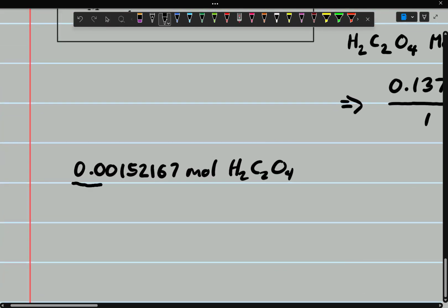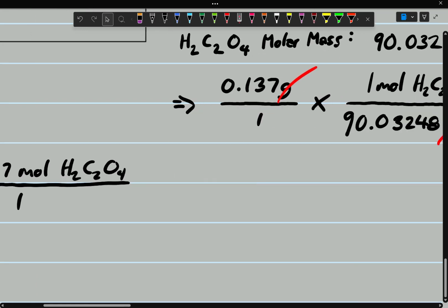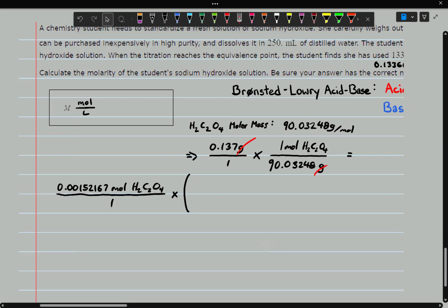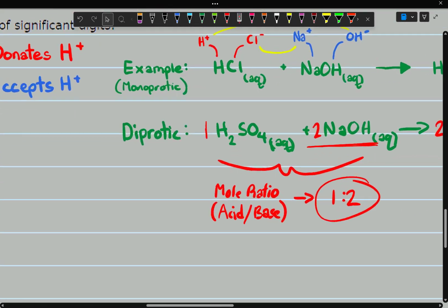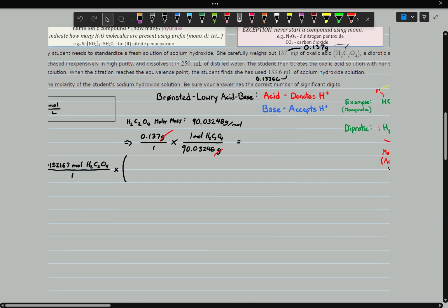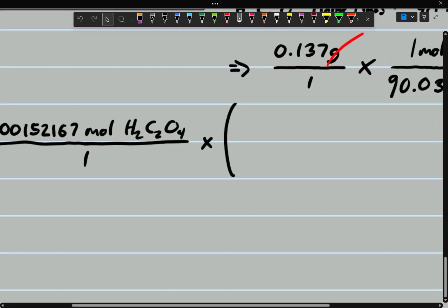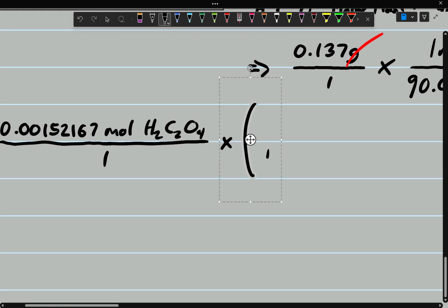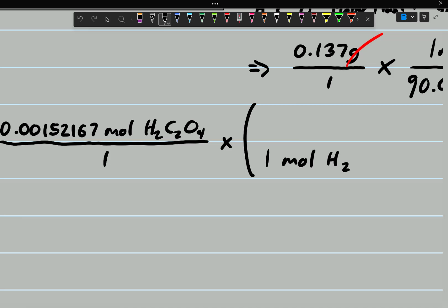Now that we have our moles of acid here, we can multiply it by the mole ratio for a diprotic acid, which we found to be 1 mole of acid for every 2 moles of base. So 1 mole of acid will be put on the bottom so we can cancel.